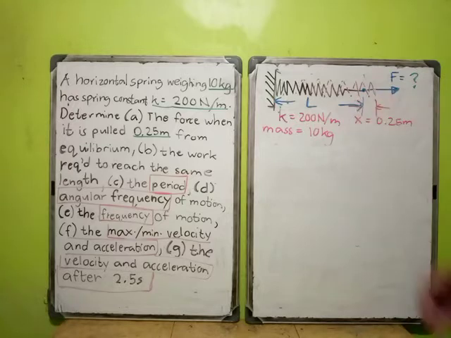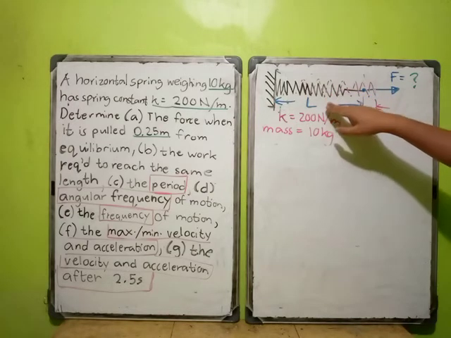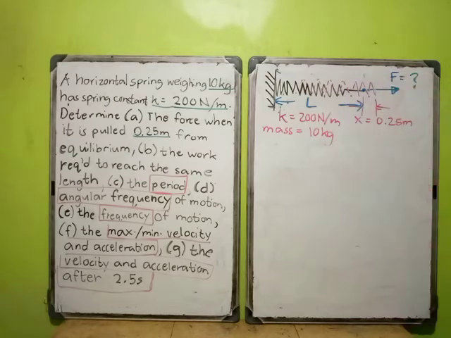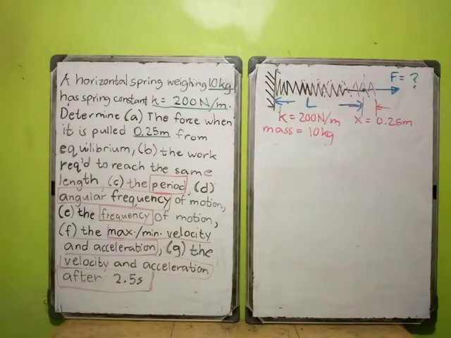Okay? So we don't need to worry dahil hindi natin kailangan alamin kung ano yung original length ng spring na to. Okay? What we only need is the following. Okay? So for letter A, hahanapin natin yung force when it is pulled 0.25 meters from equilibrium.